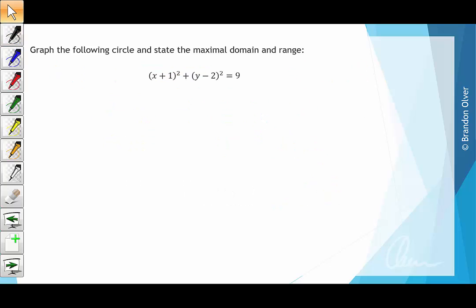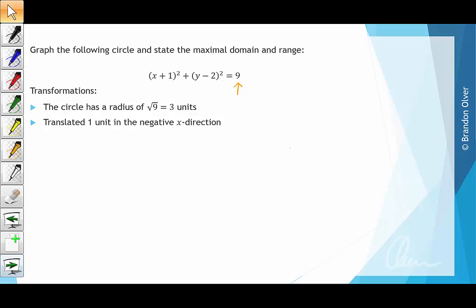Here's the equation we just found, and now that it's in this form we can work out the transformations that have occurred. The first thing we can notice is that the circle has a radius of 3 units, because we take the square root of this number here. The square root of 9 is 3. The next thing we notice is that it's translated 1 unit in the negative x direction. That's because of the x plus 1 here. If we have x plus 1 equals 0, we have x is equal to negative 1.